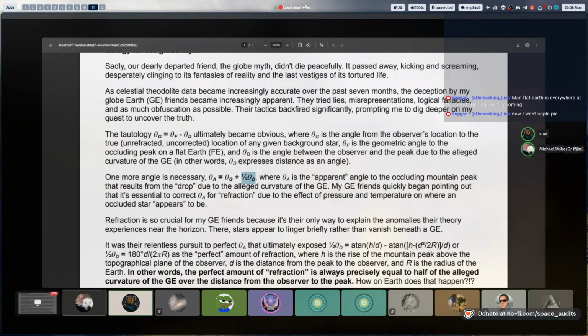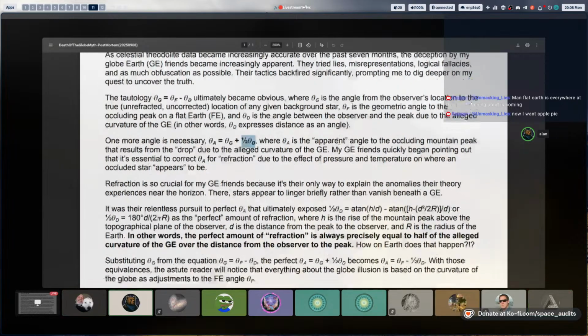Real quick, Mike, you're speaking of astronomic refraction, correct? Not terrestrial. I am, and sorry I didn't clarify that. Whenever I'm talking about refraction, I'm talking about celestial refraction.